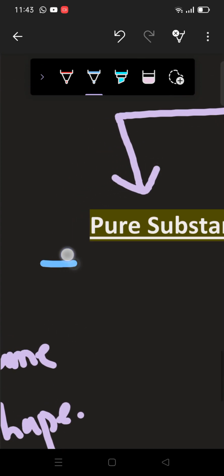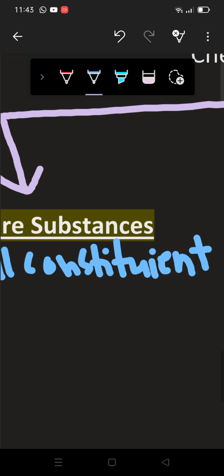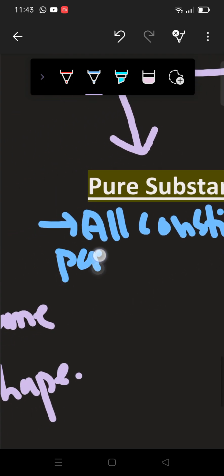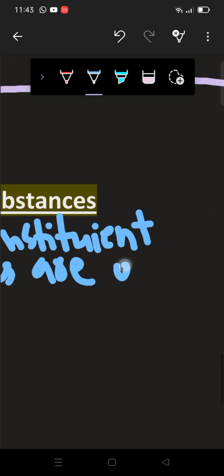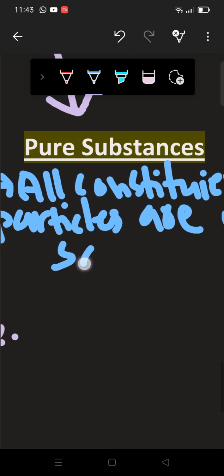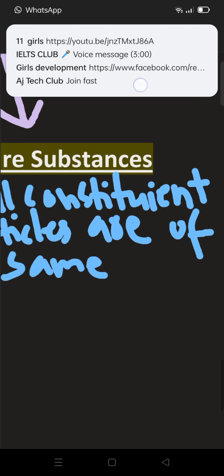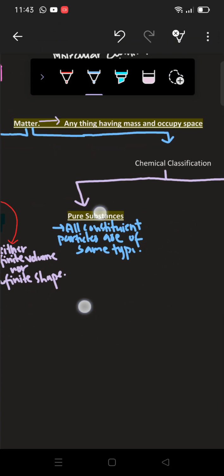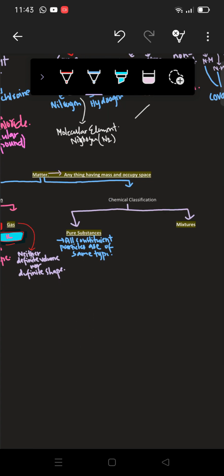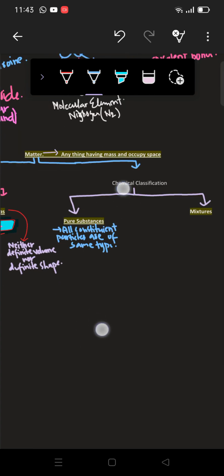Let's write here: all constituent particles are of the same type. This basically gives you the definition of pure substances.